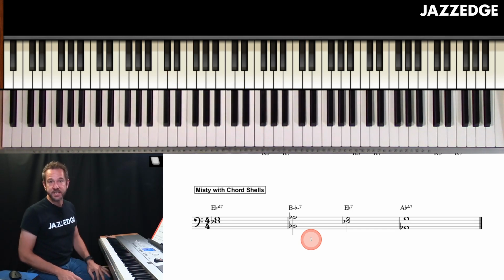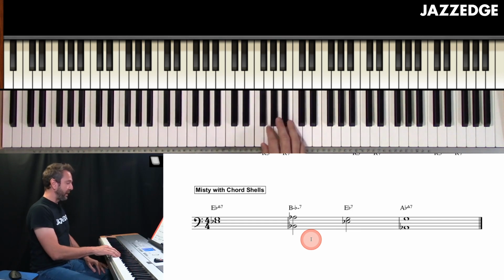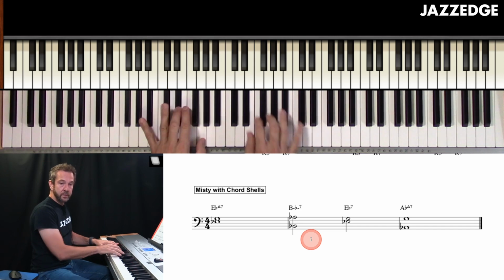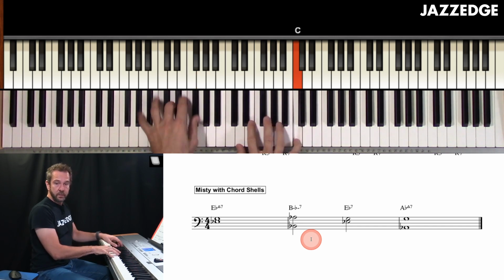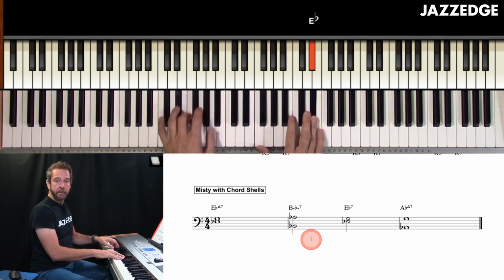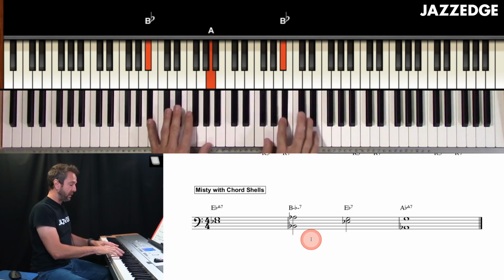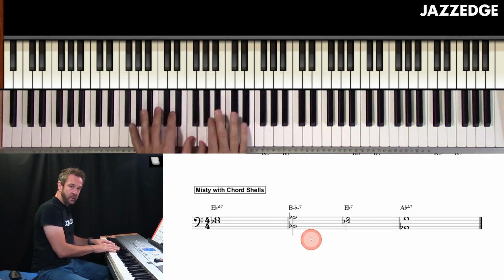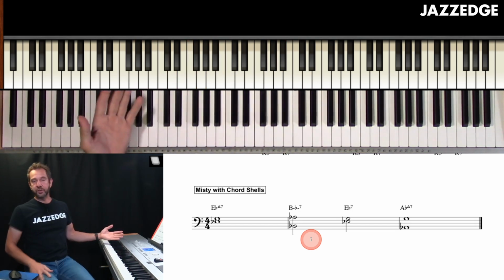We did that lesson in Standards by the Dozen. What about Autumn Leaves? All chord shells right there.